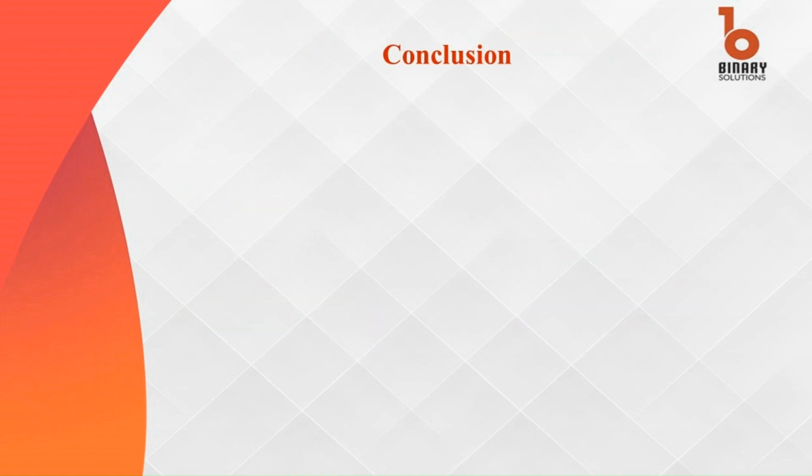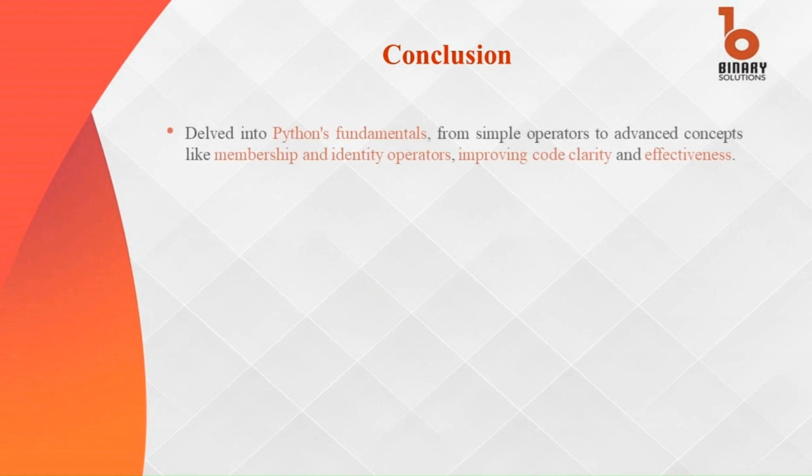In this journey through Python, we've explored the essential building blocks that form the foundation of logic and control in programming. From understanding basic operators and conditional expressions to mastering complex concepts like membership and identity operators, each step has enriched our knowledge of how to write clear, efficient, and powerful code.